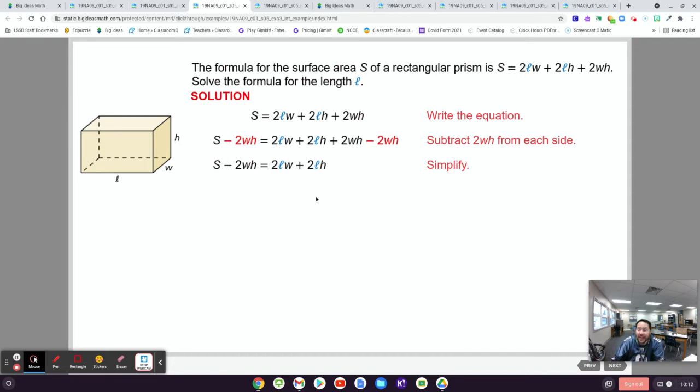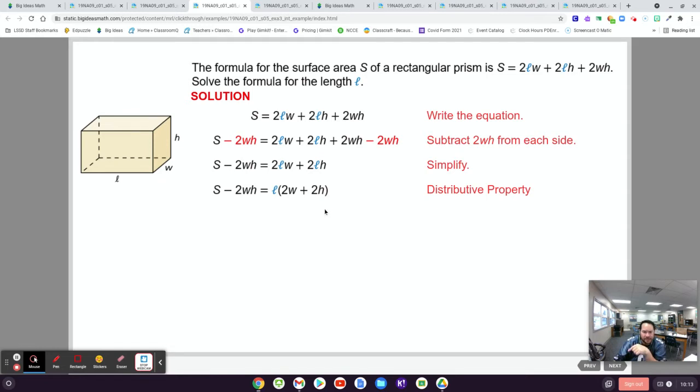So now we have to undistribute the L. When you undistribute the L on the right, what do you get? Okay, so when you factor out this L here, you're going to be left with 2W plus 2H because that's what you would have if you were to distribute to get this mess right here. Okay, so now we got L isolated almost. We just have to get rid of all this stuff in parentheses.